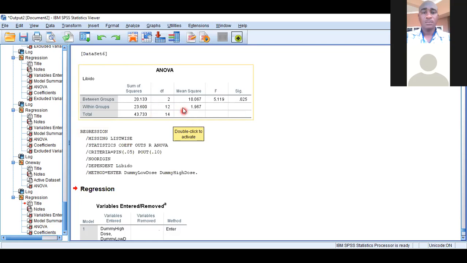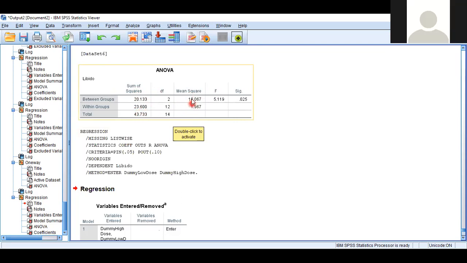When you want to calculate the mean square, which is the variance, remember what we have here is the sum of squares. You have not calculated the variance yet. The variance is the sum of squares divided by the degrees of freedom. When you divide this 20 by this, it gives you 10 point something. When you divide this one by the 12, it gives you this.